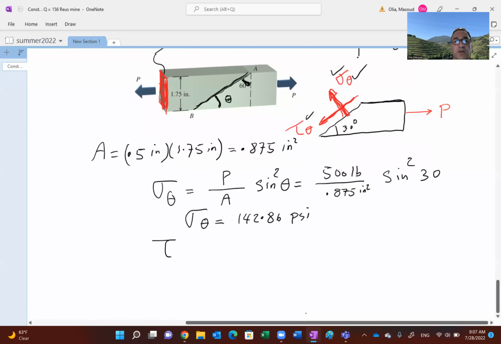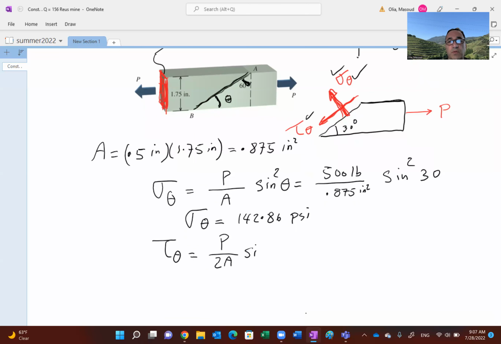Similarly, tau sub theta is P over A sine theta cosine theta, or using the trig identity, P over 2A sine of the double angle. So 500 divided by 2 times the area, and the units are good. Then sine of 2 theta, 2 times 30 degrees becomes 60 degrees.